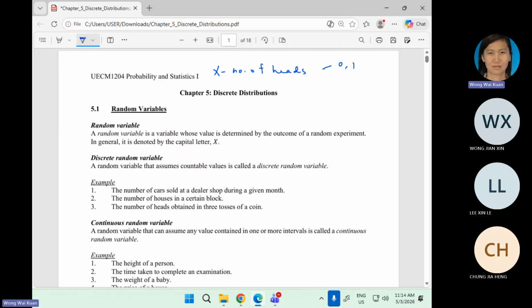So I still can have more than one number. That's why I say I can have two possible X. The second possible random variable is the number of tails, and my number of tails is also 0 or 1. Okay? So this is how we get the random variable.